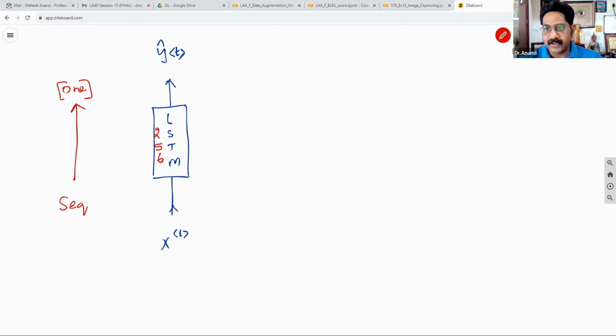Hereafter we are going to coin the terminology many to one with a more meaningful representation. Earlier we represented this as many to one, right? Many means it is a sequence, an input sequence.